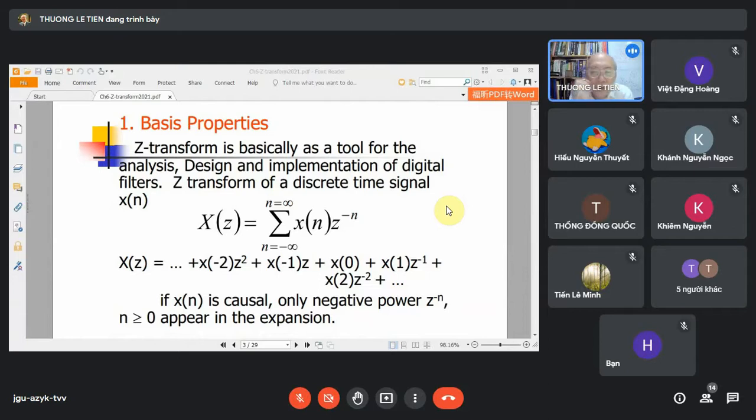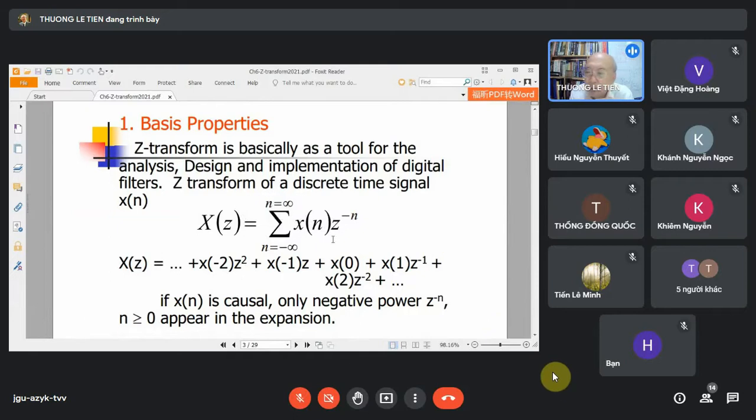Like the Fourier transform or any signal transformation, we just base on the definitions of the transformation to work out the transformed signal. Okay, this one is just the definition of the Z transform.